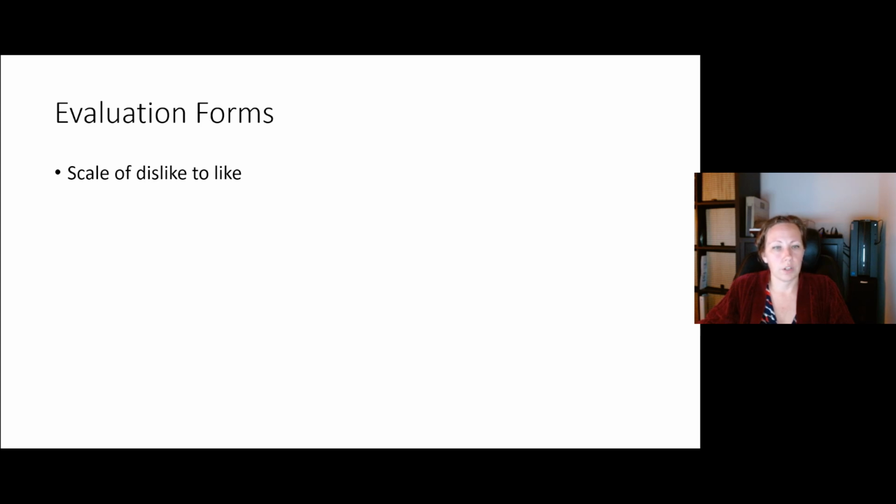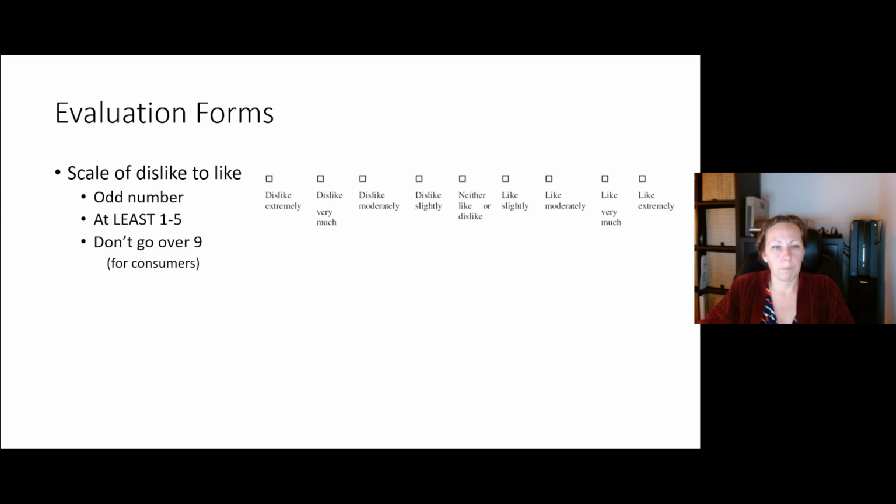Like I showed you on the last one, a scale of dislike to like. The key thing with these scales is you'll always have an odd number. You have one end, the other end, and in the middle you have neutral. You have at least 5 boxes, so you go from 1 to 5.